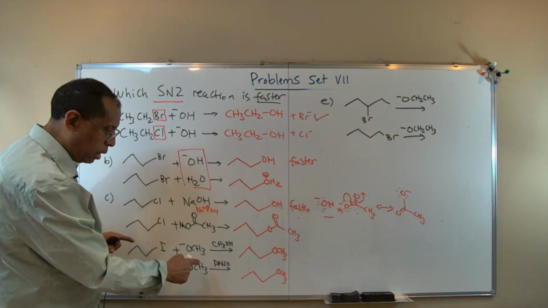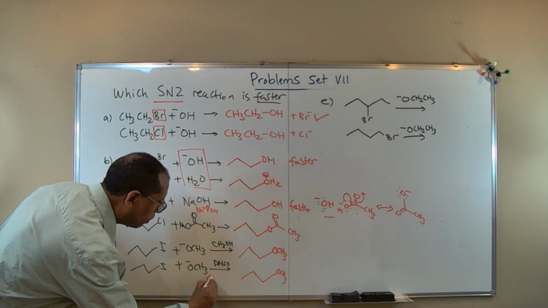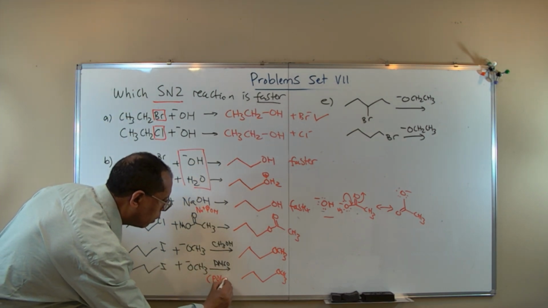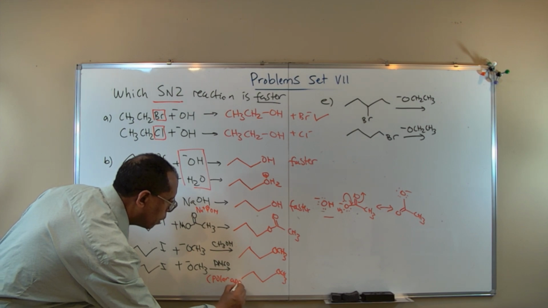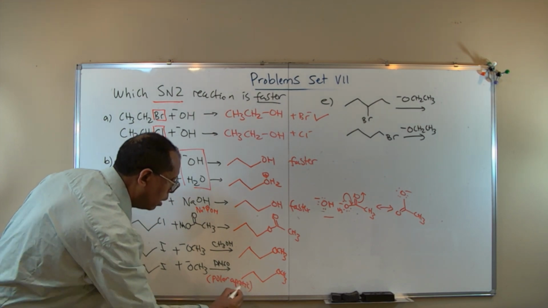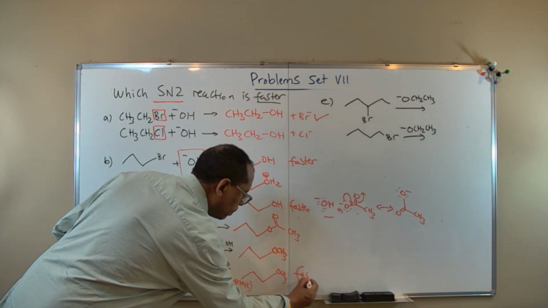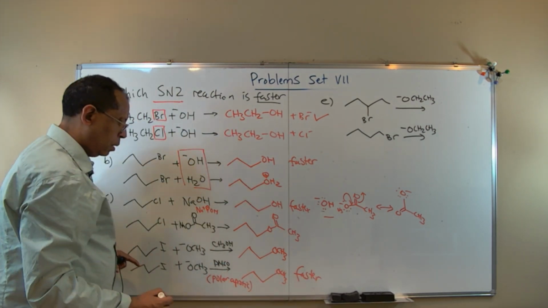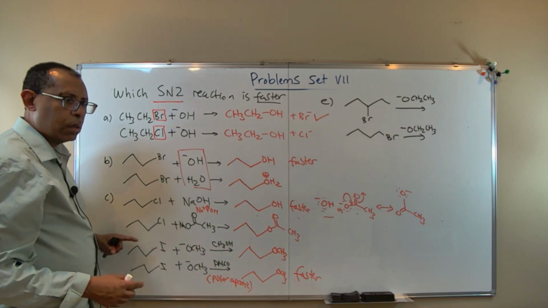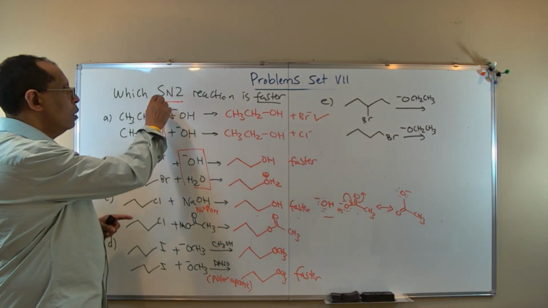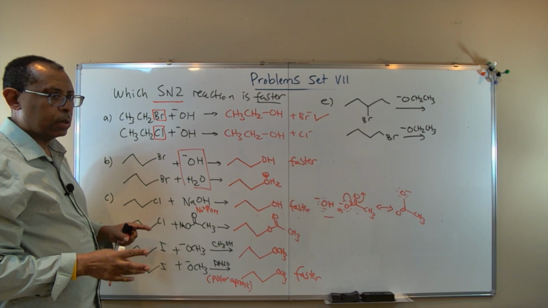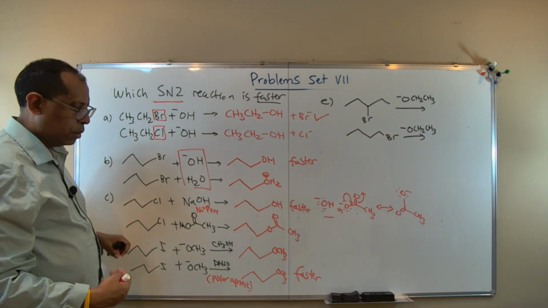DMSO is polar aprotic. Doesn't have a hydrogen on it that can hydrogen bond. So this is faster. But this one, methanol, is polar protic solvent. So polar protic solvents are not good for SN2 type reactions.